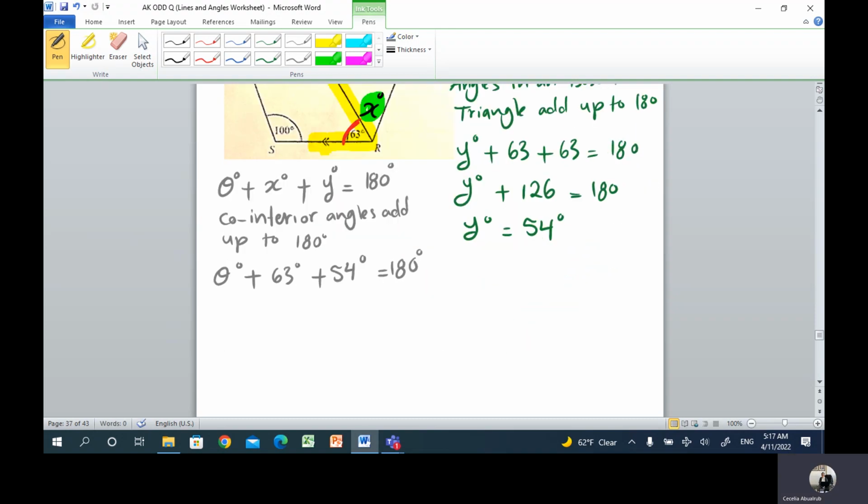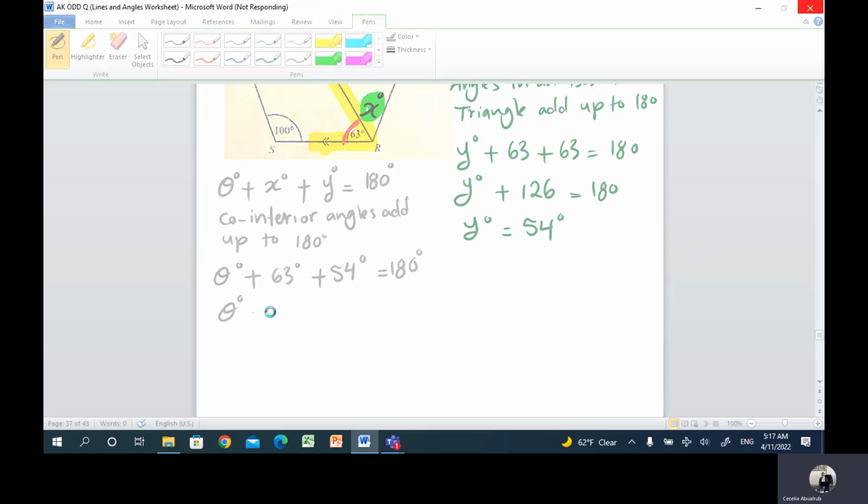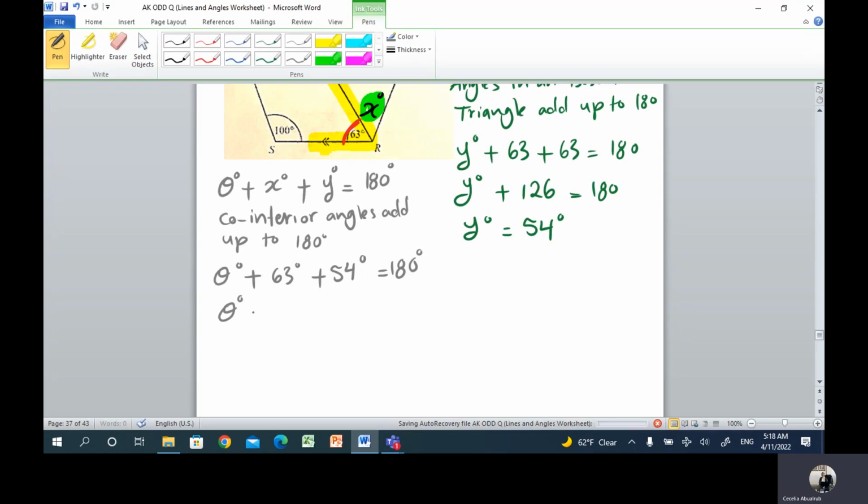If you simplify the left side, so 63 plus 54, so it will be theta plus 117 is equal to 180.